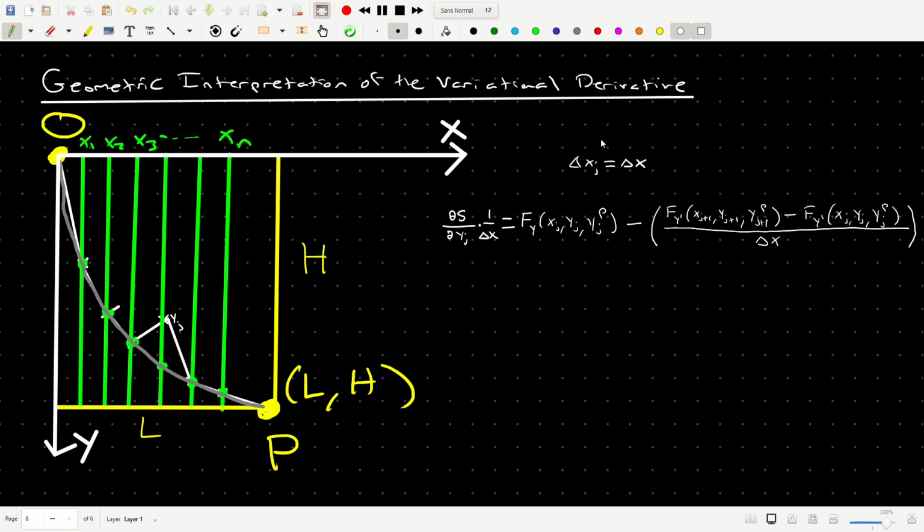I'm going to assume that delta xj is just constant, so the width of these partitions is constant, just for simplicity in terms of writing down what I'm about to discuss here.